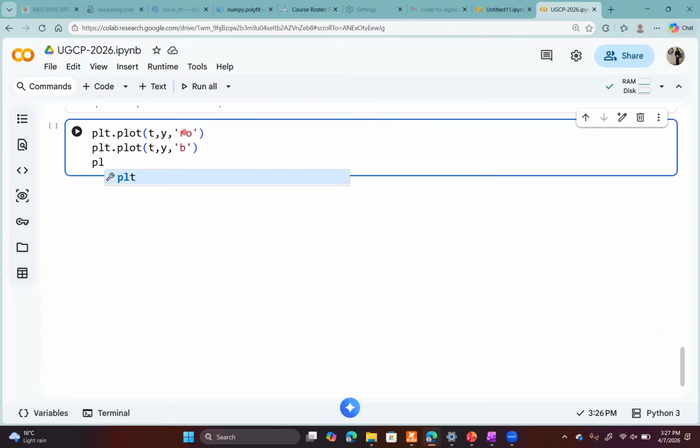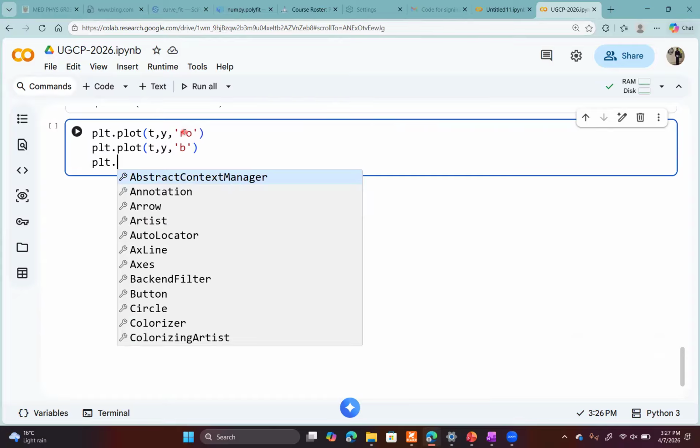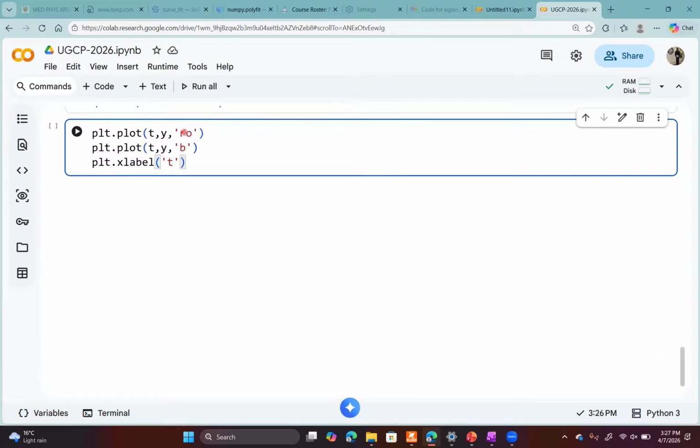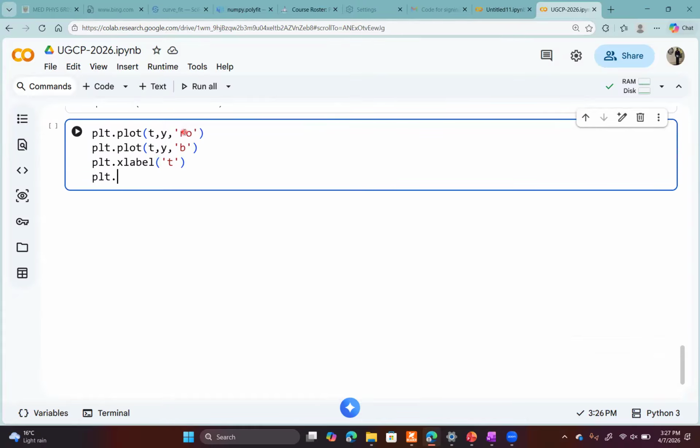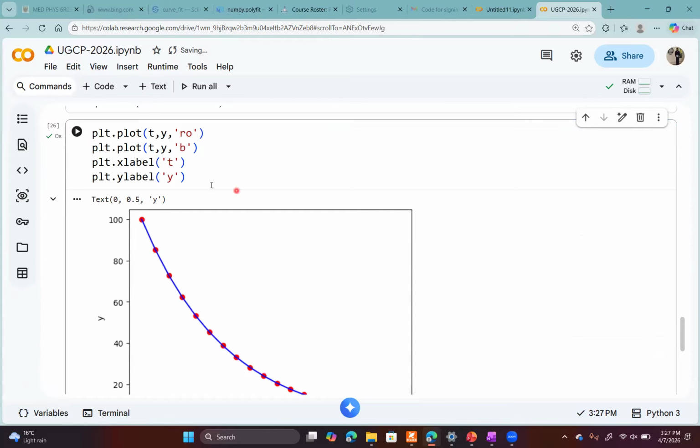Okay, plt x label is t and plt y label y. So this is going to create again the same graph, right?